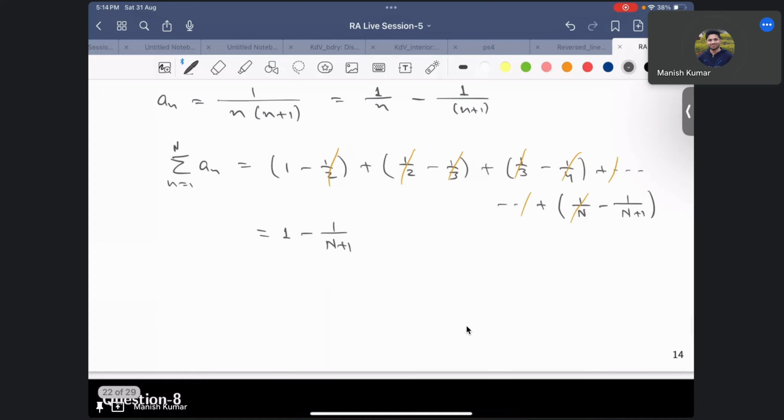So the series of 1 by this is equal to limit N going to infinity of summation n equal to 1 to capital N, and if you take the limit here, this will go to 0, so the answer would be 1. So it's similar to what we did a few problems back, I think in the second last problem, I forgot. So the same idea you can apply here and you can get the value of this sum.